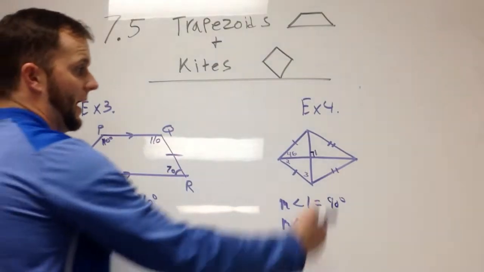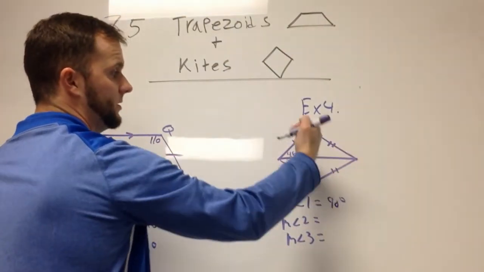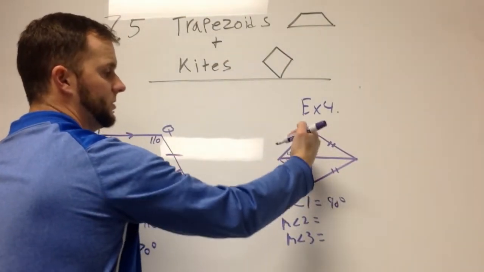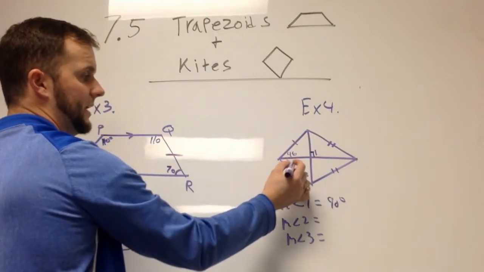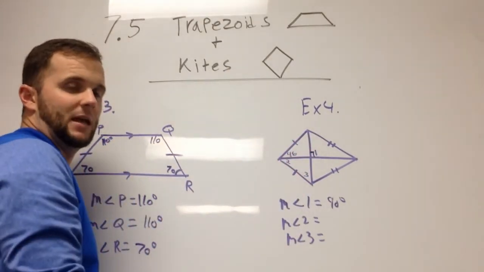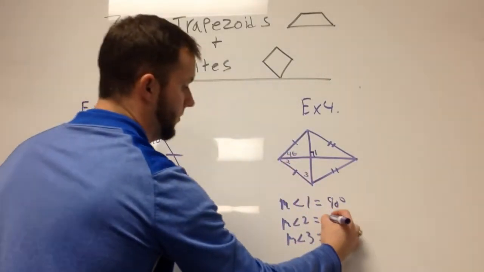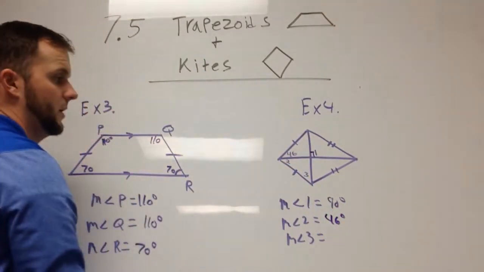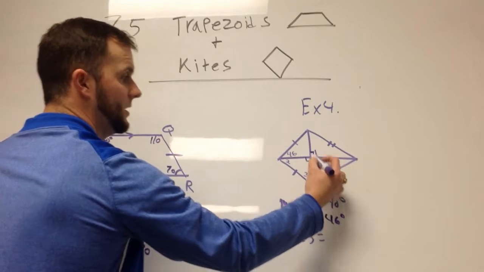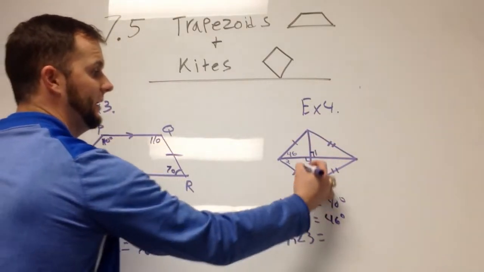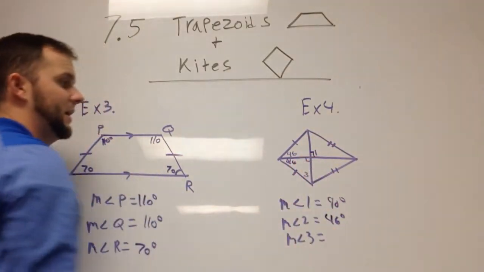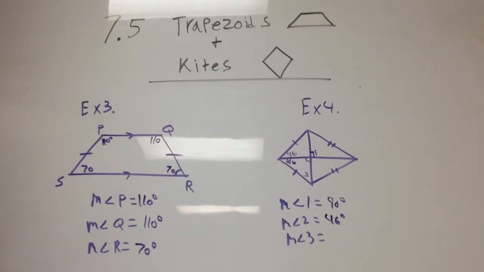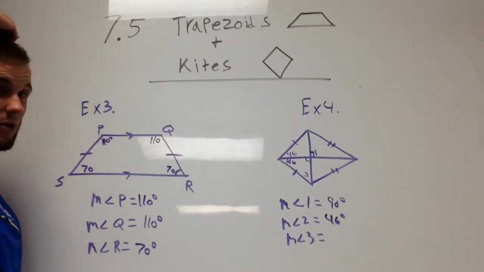Okay? I know that whenever I have a diagonal here, it's going to form two congruent triangles. So the 46 angle and angle 2 are in the same place technically, so those are going to be congruent. So this is 46. I know this angle is 90 degrees because it's the two diagonals meeting at 90. I know angle 2 is 46. So if I do 90 plus 46, that's going to give me 136.